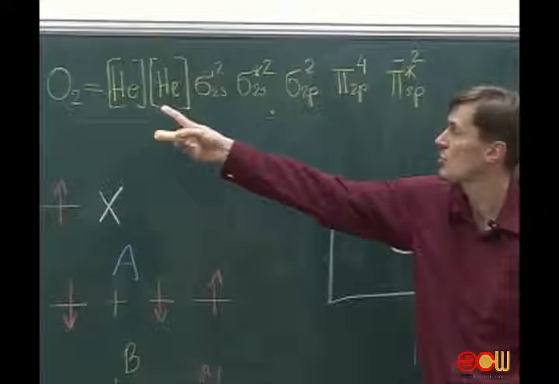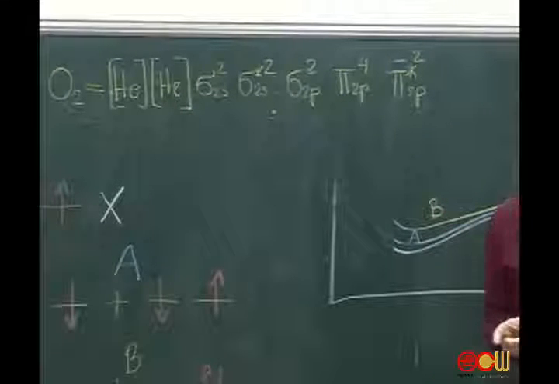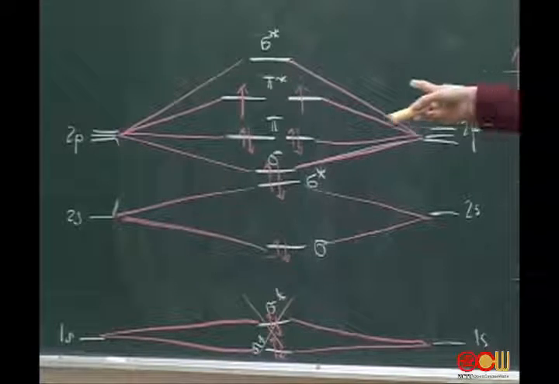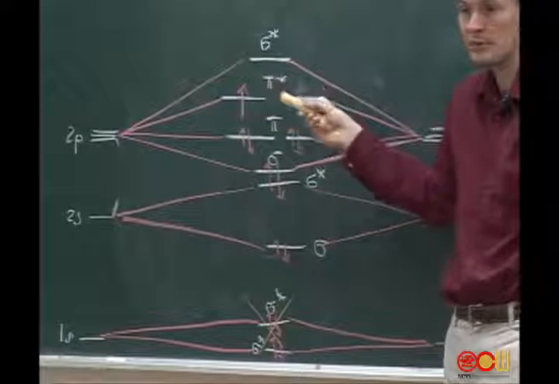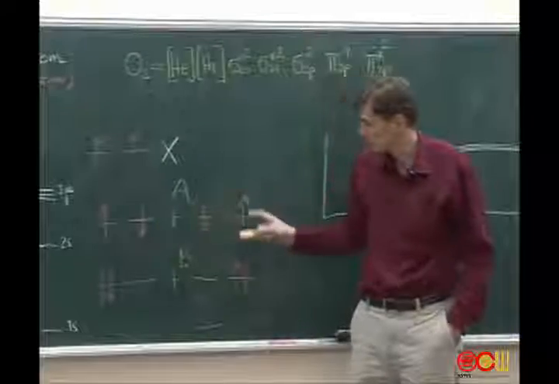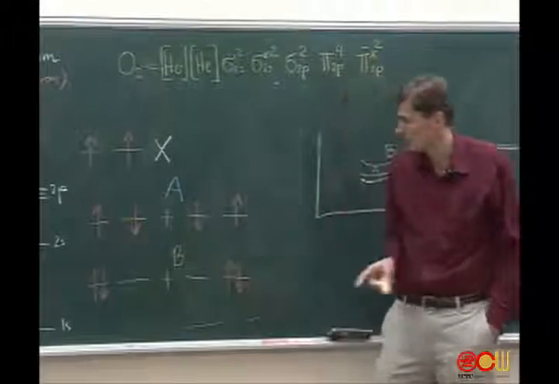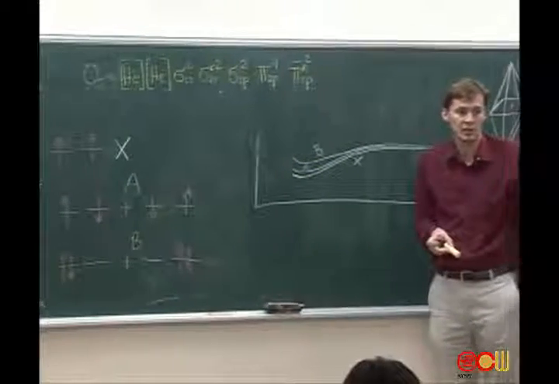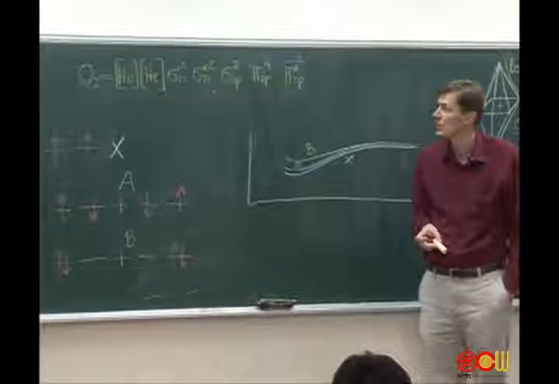This description is not everything. This one still doesn't tell you how these 2 electrons are put into these 2 orbitals. And we just wrote all the possibilities like that, plus plus, plus minus, minus plus, and both of them on the same orbital. And we found that they correspond to 3 different electronic states that can be observed in experiment.